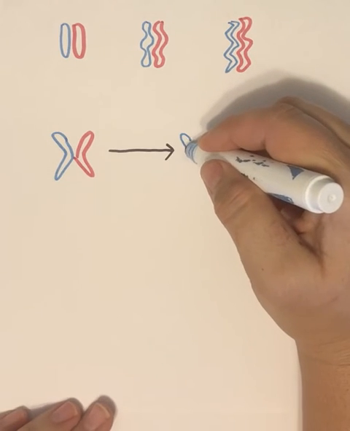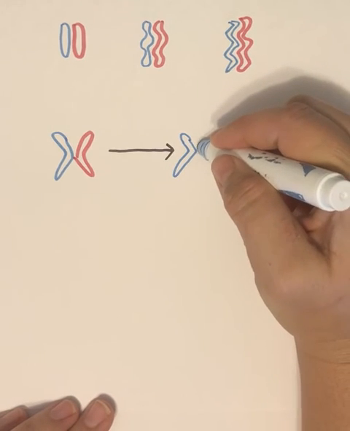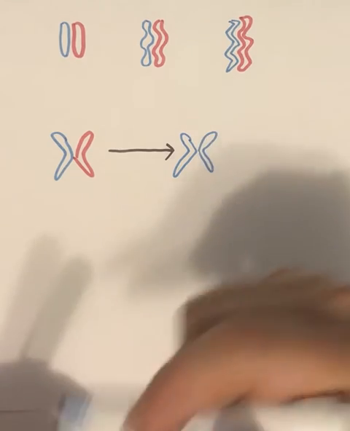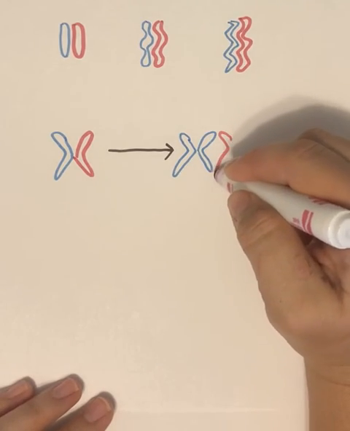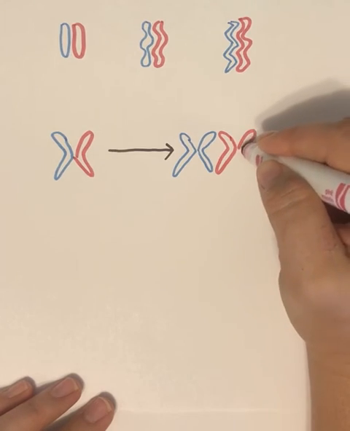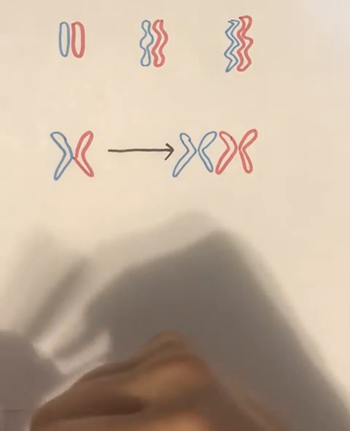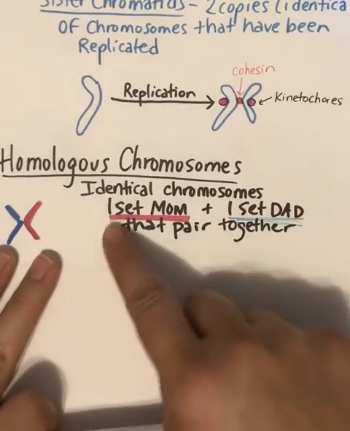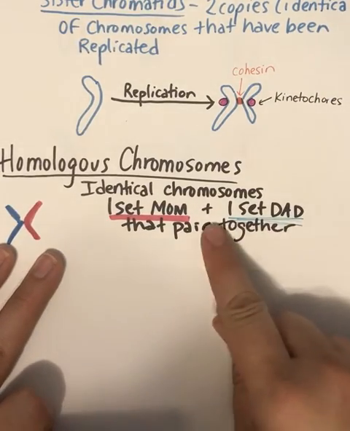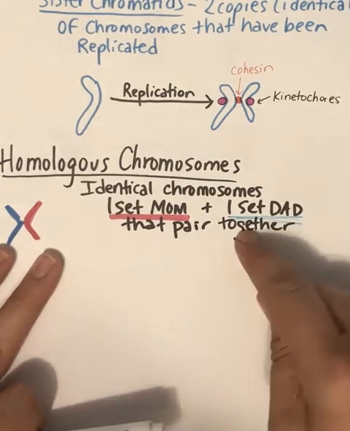You'll have a sister chromatid of your dad's, and you'll have a sister chromatid of your mom's. They still are going to stay together because they are homologous chromosomes, same size, same shape. However, there's one set from mom and one set from dad, and they always are going to pair up.